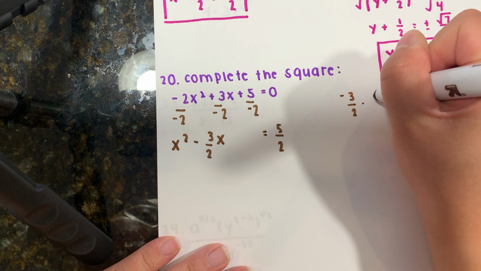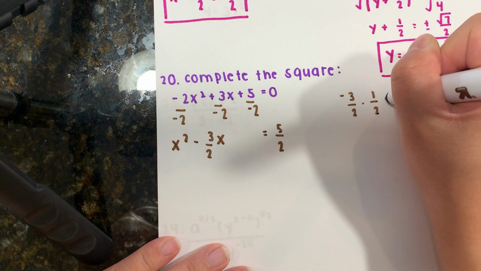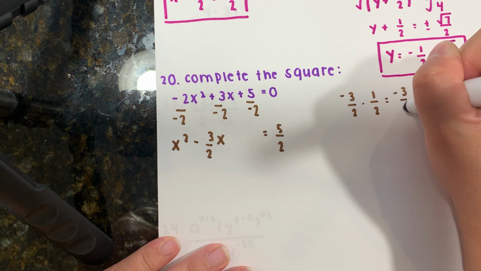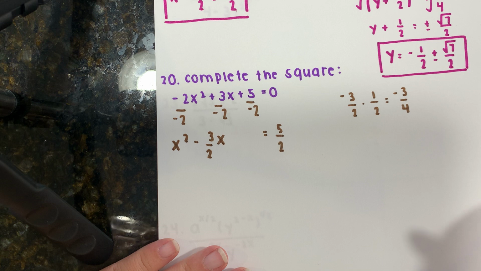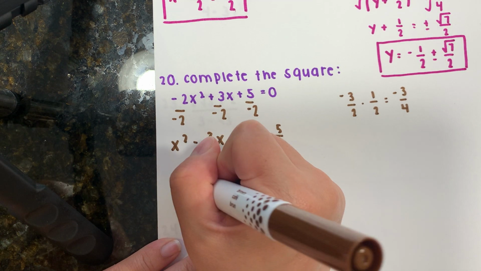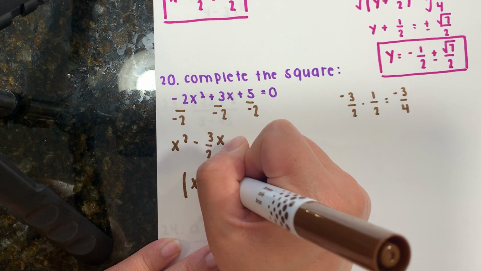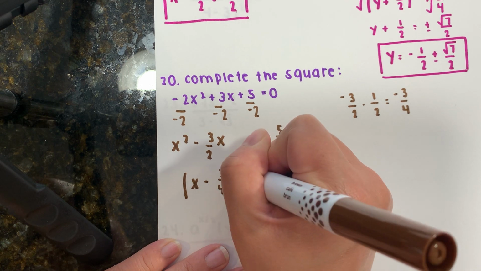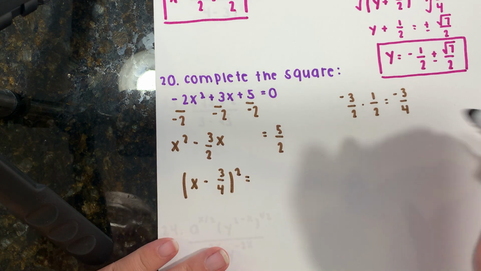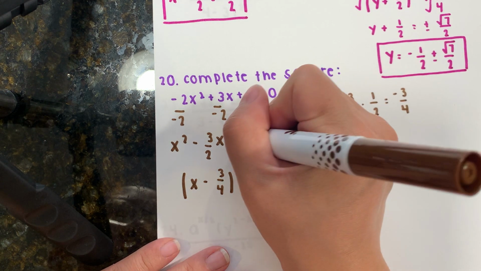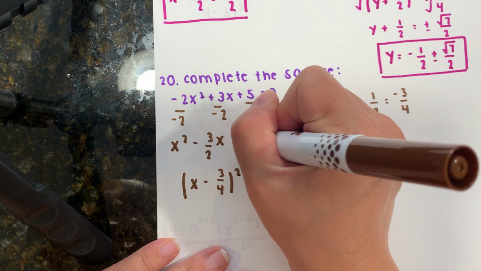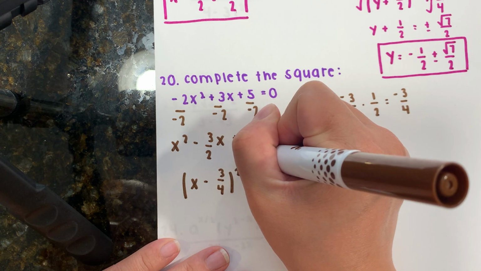You're going to take half of the negative 3 over 2, which is negative 3 over 4. So this would turn into (x minus 3 over 4) squared. When I square this, this is going to be 9 over 16.